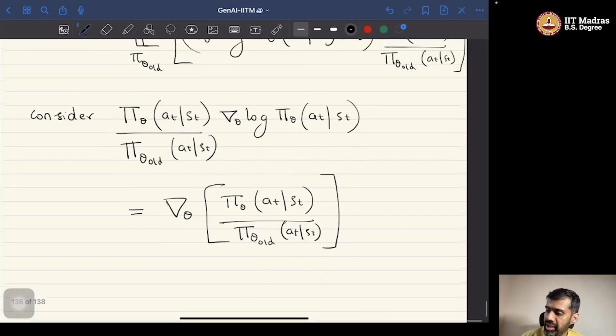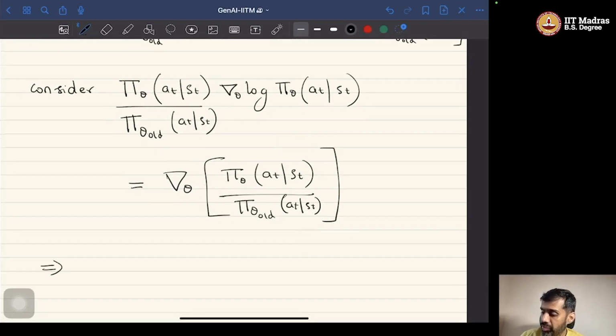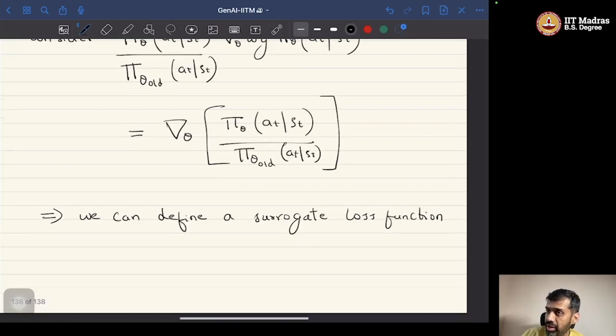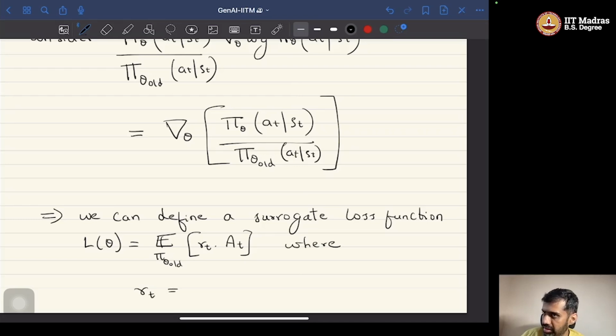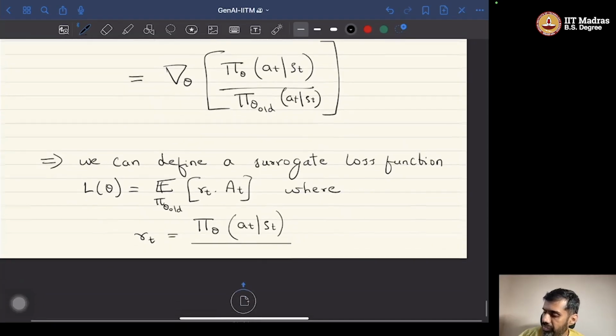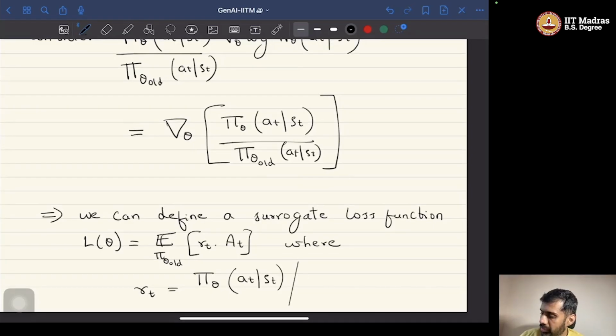Right? Now, what does this imply? This implies that we can define another surrogate loss function, let's call it L theta, that is equal to the expectation of r_t times the advantage function A_t, and this expectation is with respect to pi theta old, where r_t is the density ratio, which is pi theta of a_t given s_t divided by pi theta old of a_t given s_t.